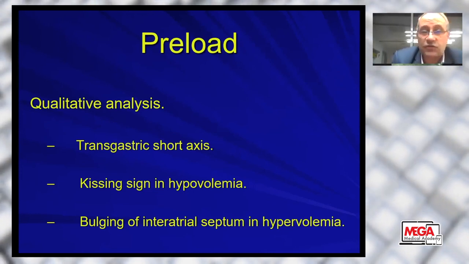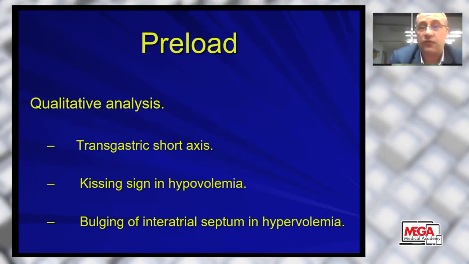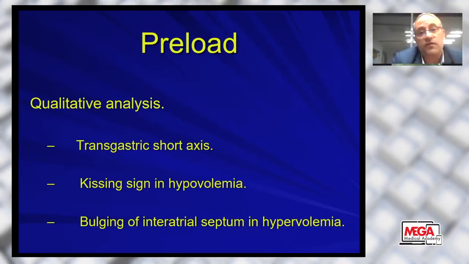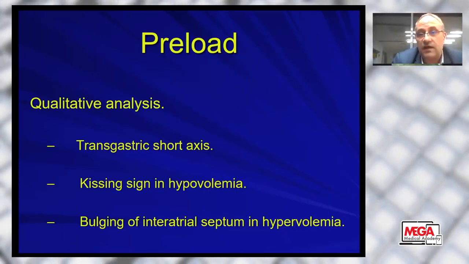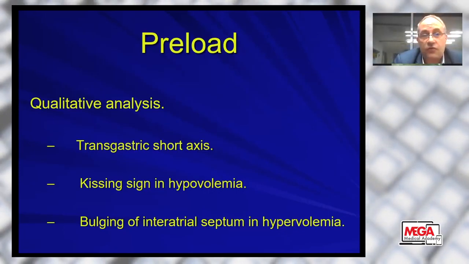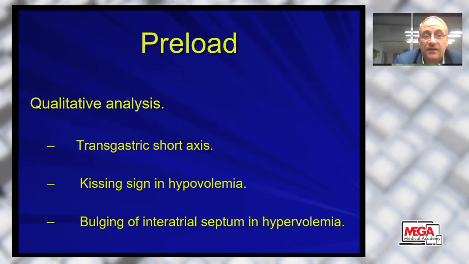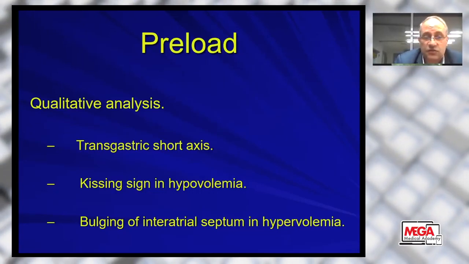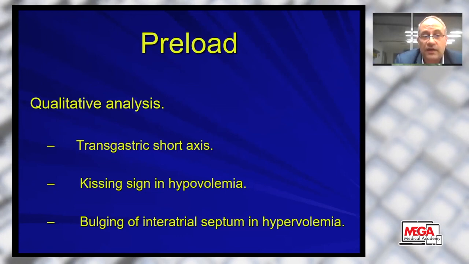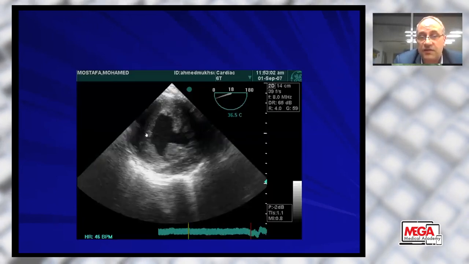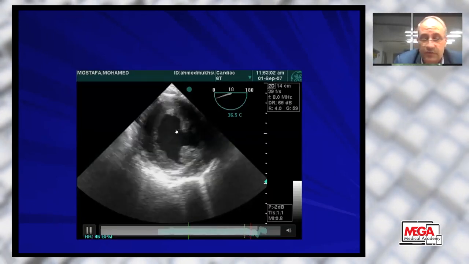What about actual hemodynamic assessment of the heart? We can detect the preload and the contractility. For preload, we can have the qualitative analysis through the transgastric short axis view. We can see kissing papillary muscles, which denotes this heart is hypovolemic.